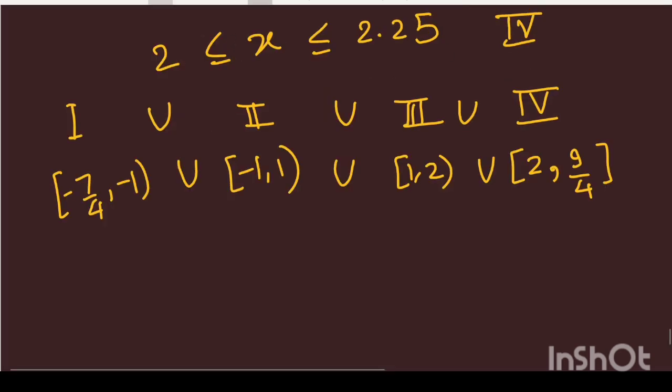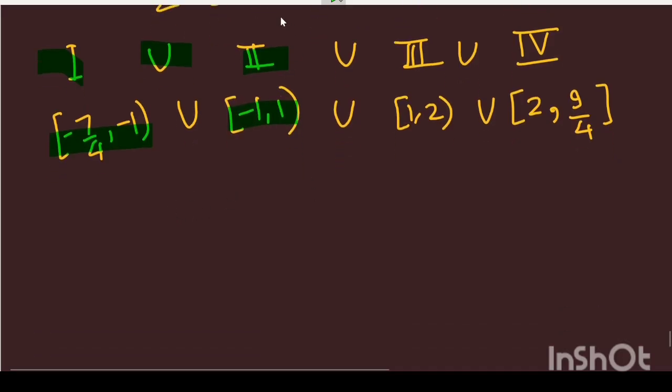So guys, these 4 cases: the first one we got to be minus 7 by 4 to minus 1. Second case we got to be minus 1 to 1 where minus 1 is included. So minus 7 by 4 to minus 1 is joined here and here. Now if you can see here, it is 1 open and here 1 is closed.